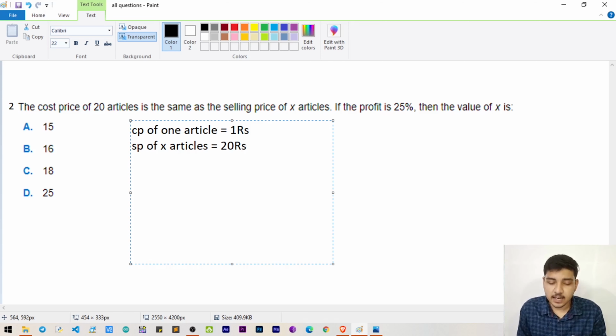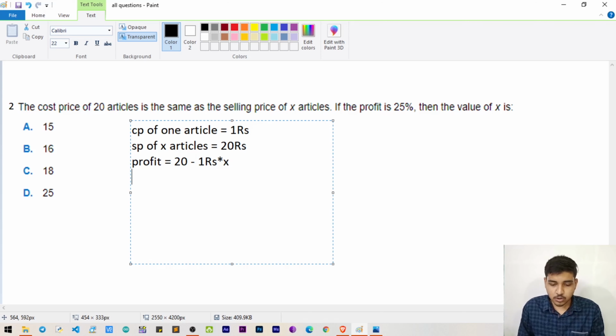You can simply say that profit is equal to 20 minus 1 rupee into X, because X articles' cost price is X, right? 1 into X. So 20, which is SP, selling price, minus cost price, 20 rupees minus X is what?